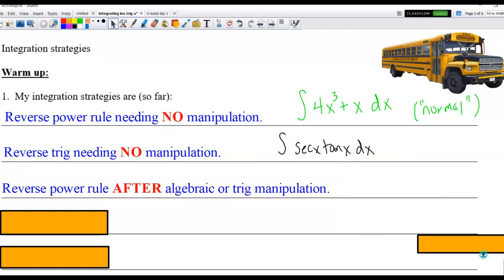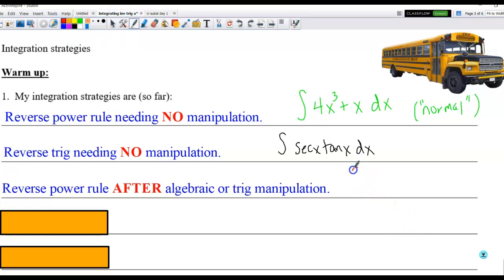The third situation that we have encountered is we take a problem that maybe is quote-unquote not normal. In other words, you can't just integrate it automatically, but you can do power rule or trig after you do some manipulation. An example of that situation would be something like our take-apart or Miss Oliver problems that we work with.